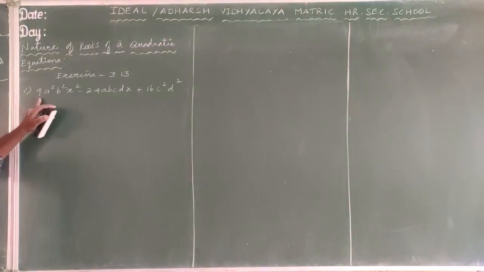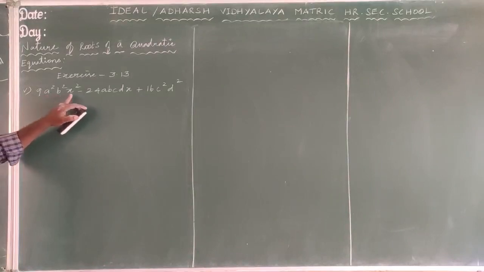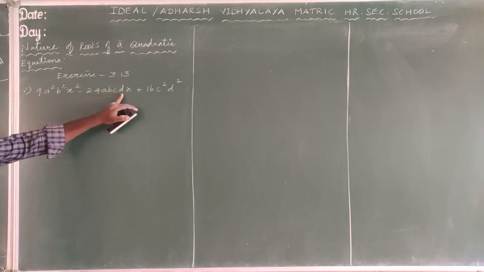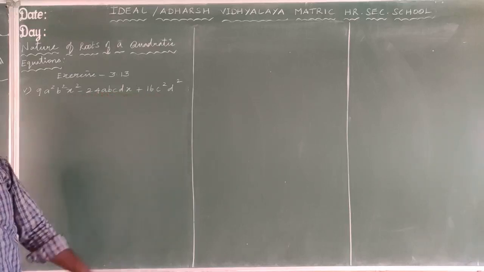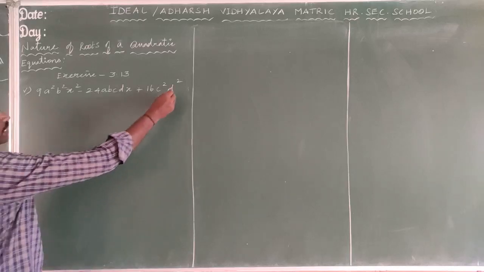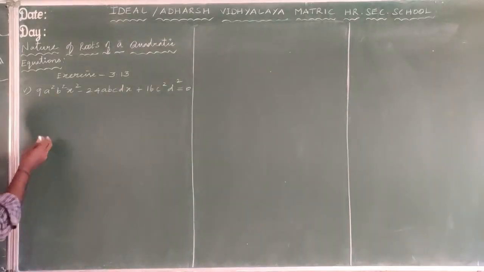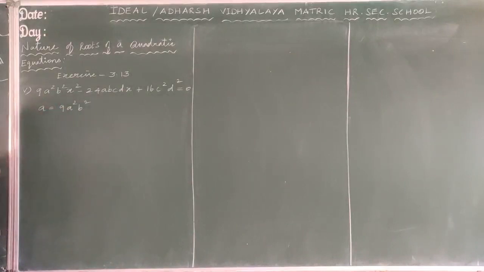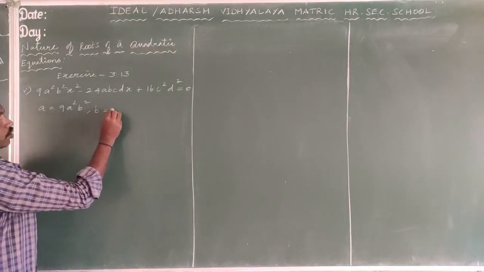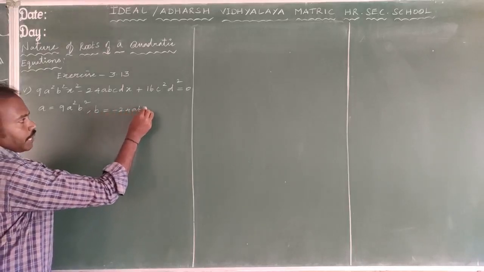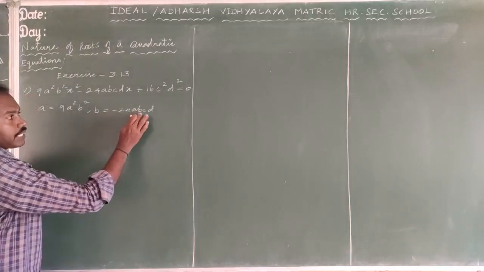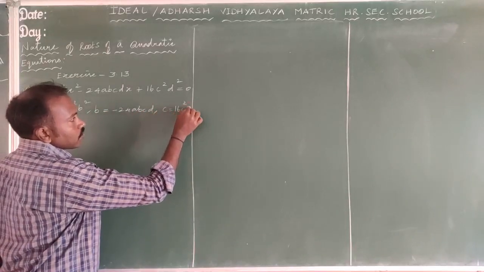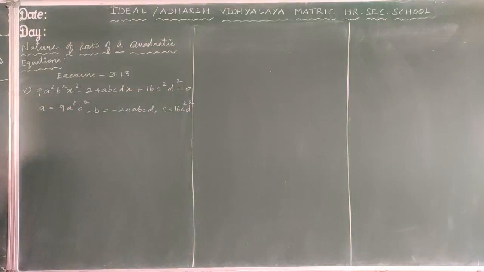That's the solution. 9a squared b squared x squared minus 24 abcd x plus 16 c squared d squared is equal to 0. Here a is equal to 9a squared b squared, b is equal to minus 24abcd, c is equal to 16c squared d squared.